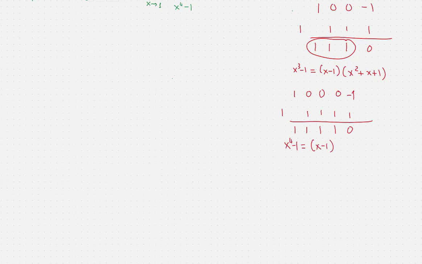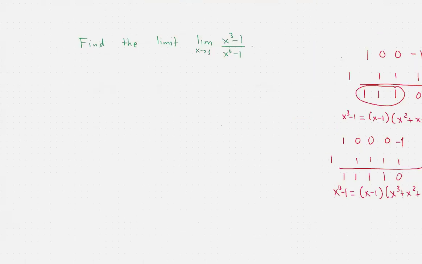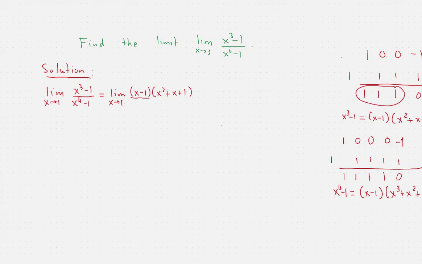So if we go back now to our limit with these two synthetic divisions, then we will have that the limit as x tends to 1 of x cubed minus 1 over x to the fourth minus 1 is going to be equal to the limit as x tends to 1 of x minus 1 times x squared plus x plus 1 over x minus 1 times x cubed plus x squared plus x plus 1.